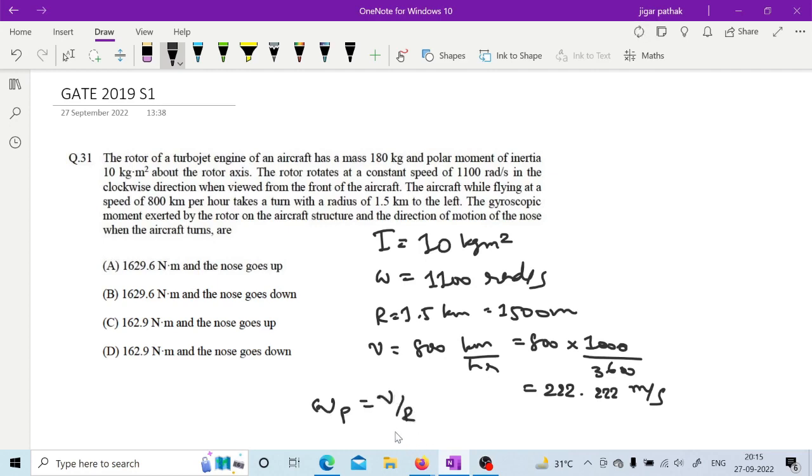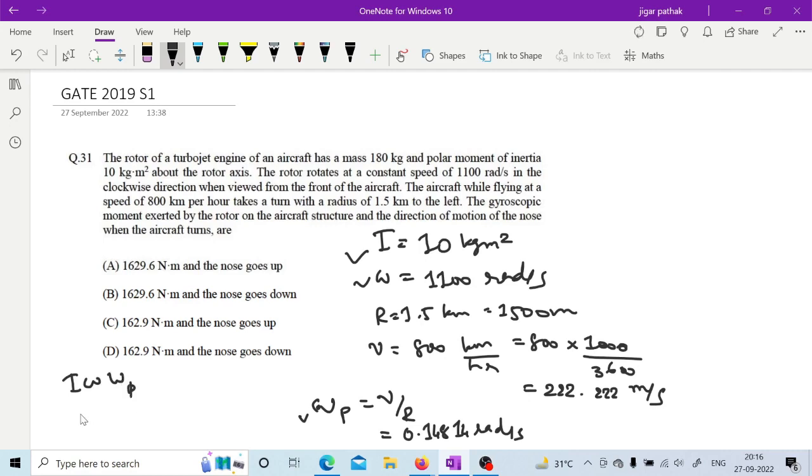Once you have all this data, omega p can be calculated as V by R. So what is omega p then? Can anyone tell? 0.1481. Yeah, so 0.148, whatever you can take, that is radian per second. Once you have I, omega and omega p, you can calculate your gyroscopic couple.